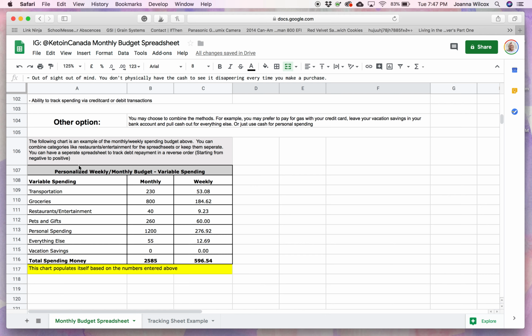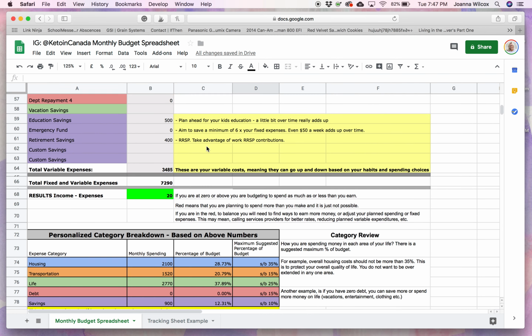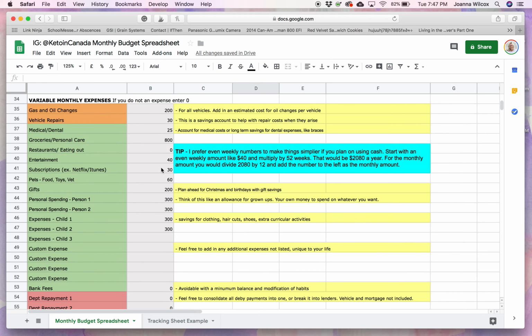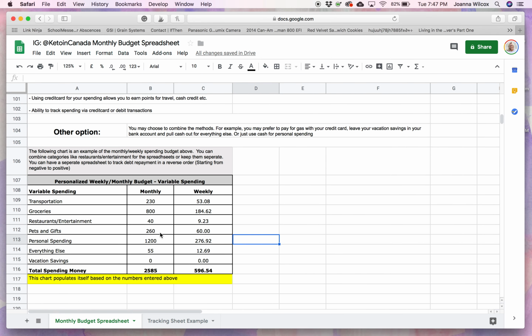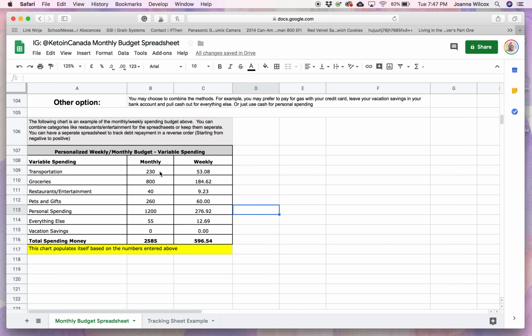So what this little chart is, it's an example of the monthly/weekly, right here's monthly, this column, this one's weekly spending, from the numbers that you entered in the chart above. When you decided how much you were going to spend on all these items, it populates this chart. So it says on the vehicle, you're spending $230, weekly it's $53.08.